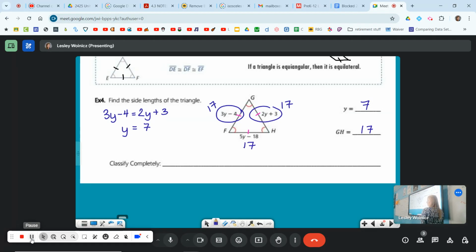All right, what classifications can we put on here? Equiangular, I heard another one. Yep.